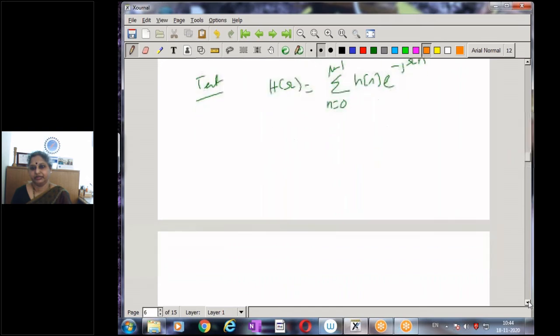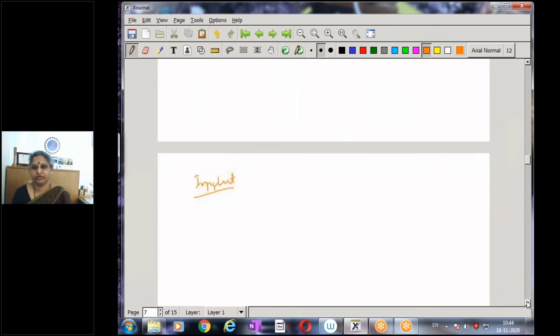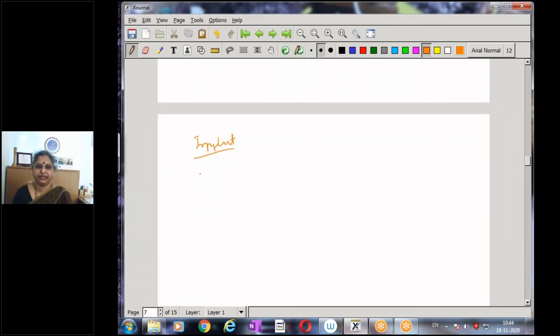So if we need to implement the filter, one method of implementing is by the direct form representation. I have my impulse response h of n given by h of 0, h1, h2, and so on up to h of n minus 1.